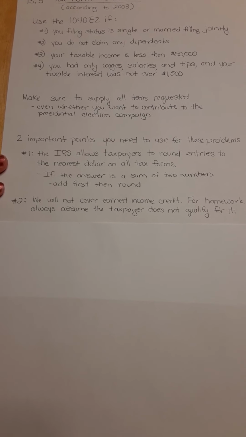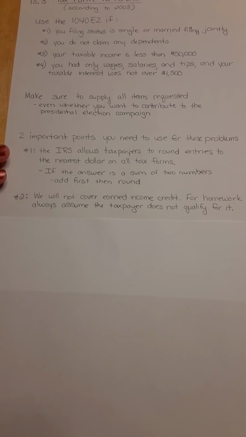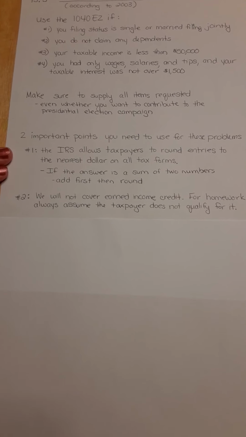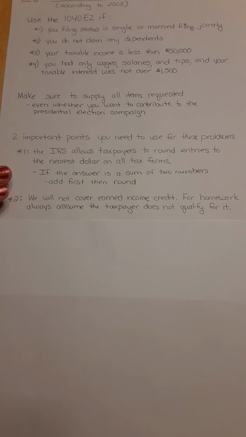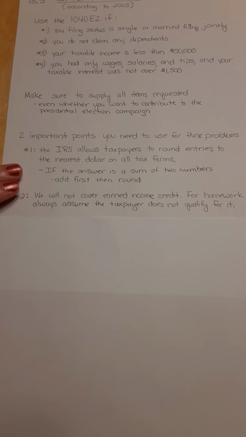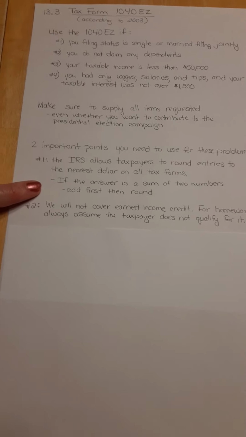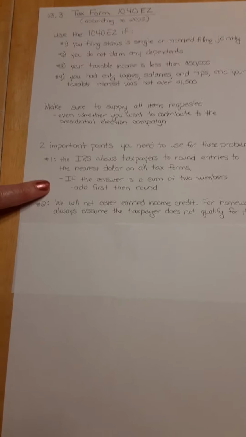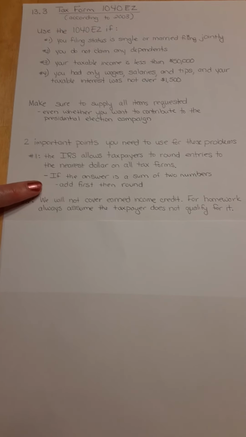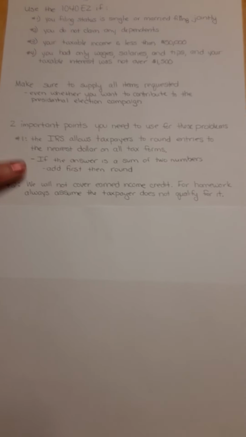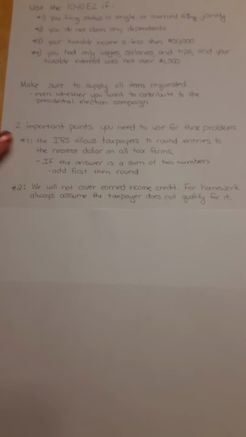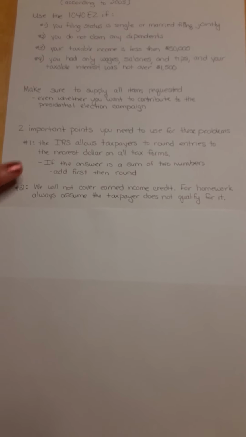So you're going to do the same thing for our homework assignments: we're going to round always to the nearest dollar. 5 and higher we go up, 4 and below we stay the same. Also, if it includes having to add 2 numbers together, you're going to add first and then do the rounding. Then you'll put that total on your tax form.